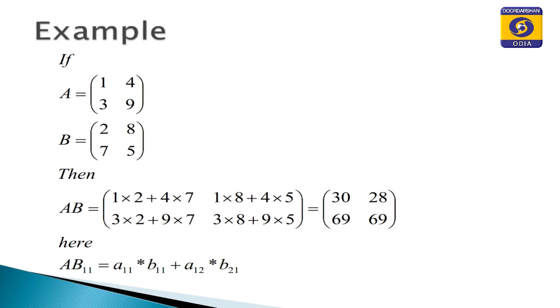Similarly, the second row of the first matrix with the first and second columns of B gives 3 into 2 plus 9 into 7, and the fourth element is 3 into 8 plus 9 into 5. So the AB matrix becomes 30 28 69 69: the first row containing 30 and 28 and the second row containing 69 and 69.